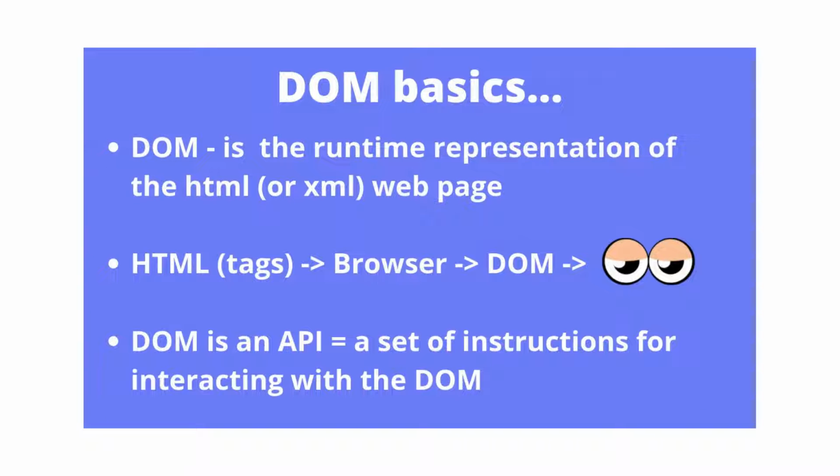Okay, so what is the DOM? The basics: it is a runtime representation of the HTML or XML page. So we're going to focus on the HTML. And when you think about it, you're creating tags. So you have a paragraph tag, so you have a less than, P, greater than, and then your text, and then you have a closing tag.